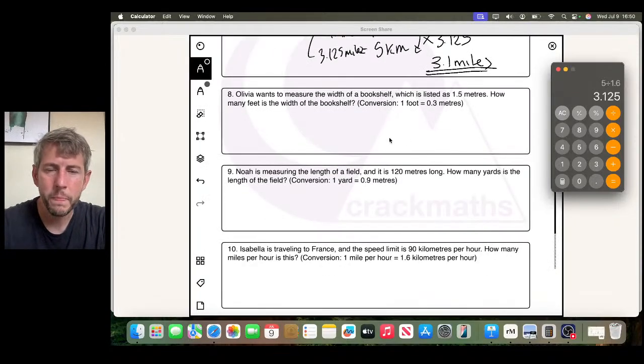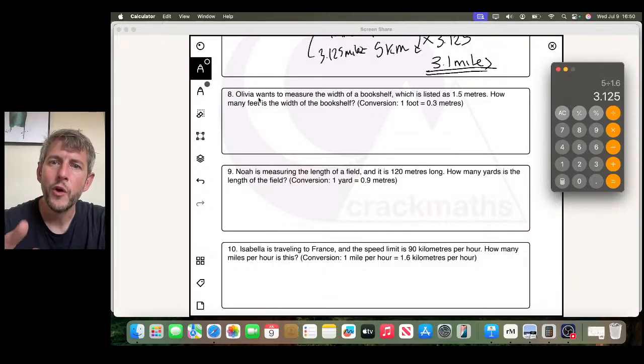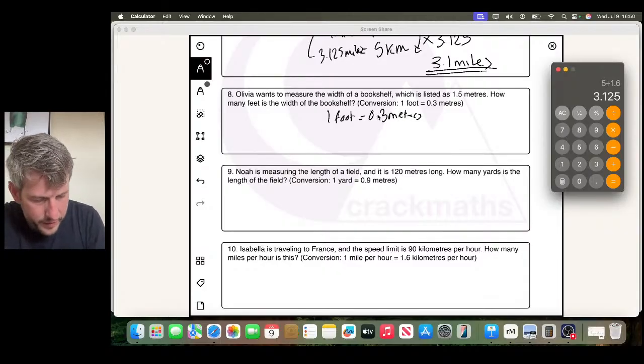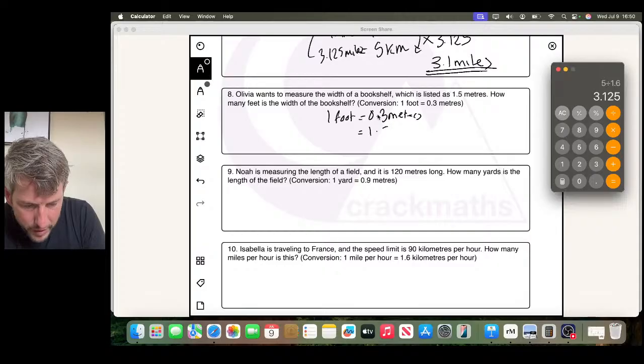Olivia wants to measure the width of a bookshelf which is listed as 1.5 meters. How many feet is the width of the bookshelf? We know that 1 foot equals 0.3 meters, and we've been told it's 1.5 meters.